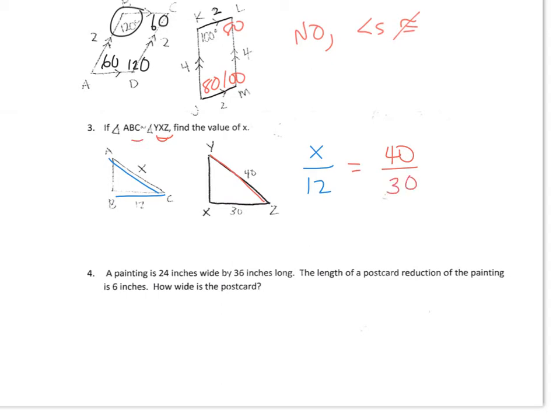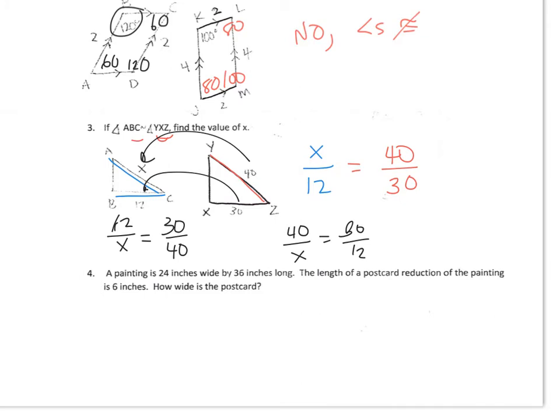There are different ways that you can set this up too. I could have done 12 is to X as 30 is to 40 and got the same answer. You can do 40 is to X as 30 is to 12. You could do 12 is to 30 as X is to 40. There's a lot of different ways.